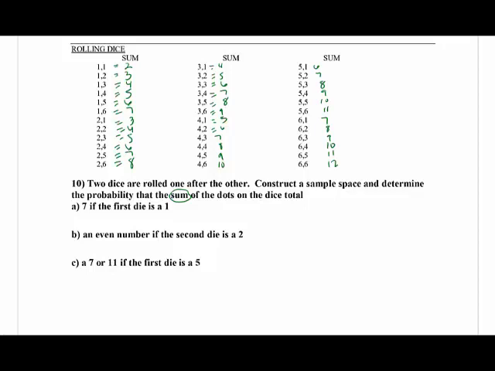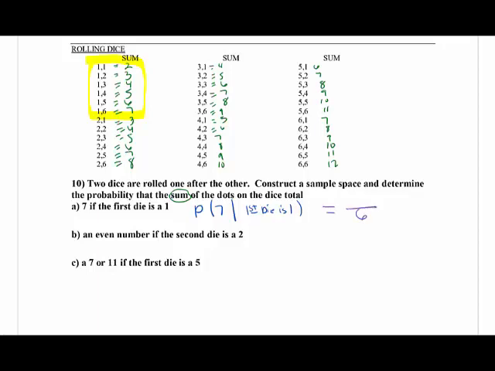I always say start off with writing it. So this is a probability that we get a 7 given the first die is a 1. So if the first die is a 1, that's our restriction on this piece. So we are looking at the first 6 options here. So that's going to be my denominator.